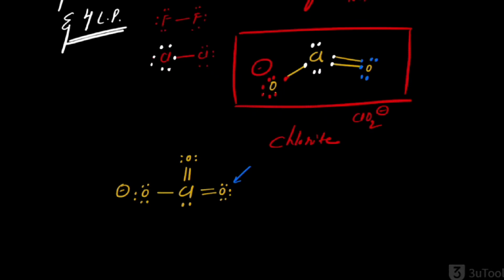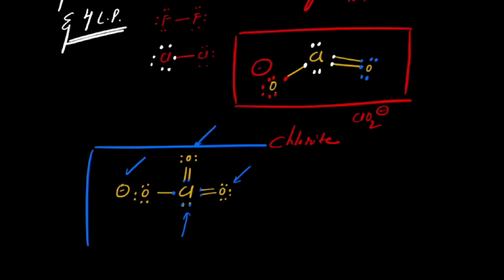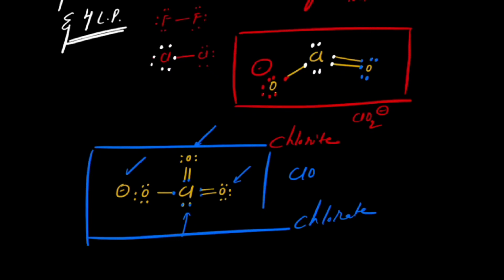You should recognize by now this must be neutral because 2 lone pairs, 2 bond pairs. This must be neutral because 1, 2, 3, 4, 5, 6, 7: 7 electrons it is supposed to have, and it is having 7. That's why it's neutral. And this is negative 1 because oxygen, whenever it has a single bond. Okay, anyway, I don't want to repeat it again and again. So this is called chlorate. This is written in this short form. This is the short form of chlorate. Fine. Next.